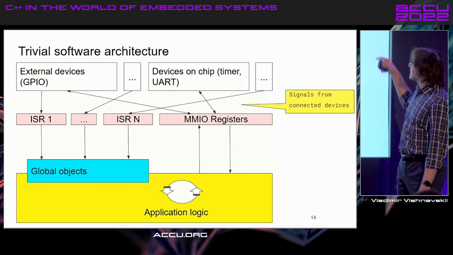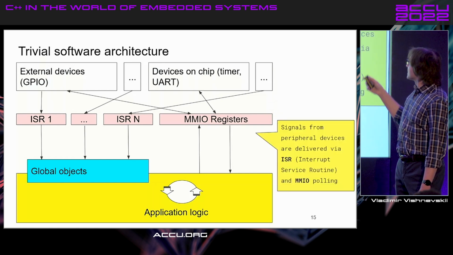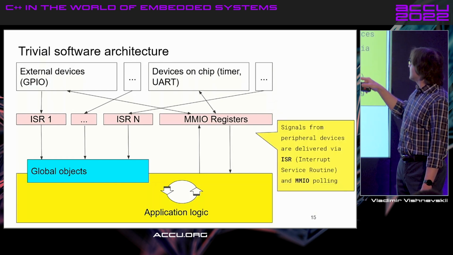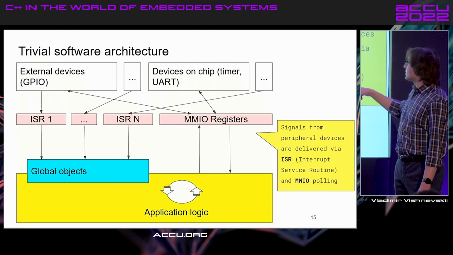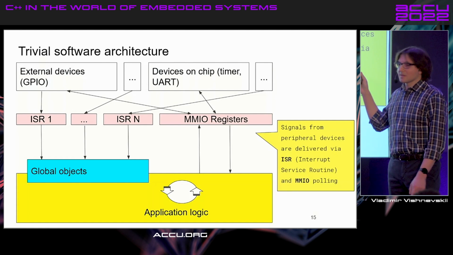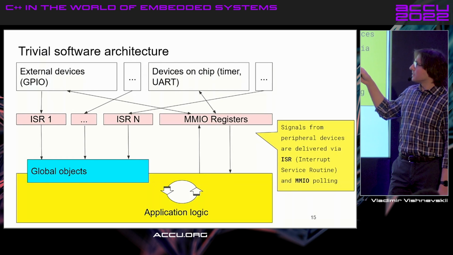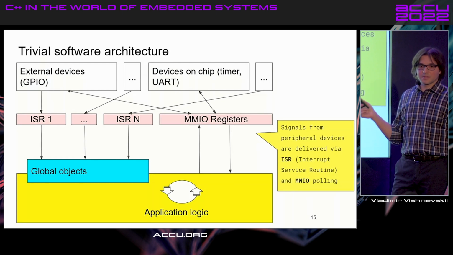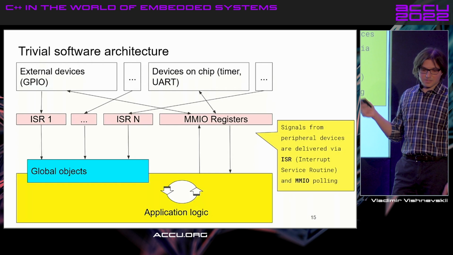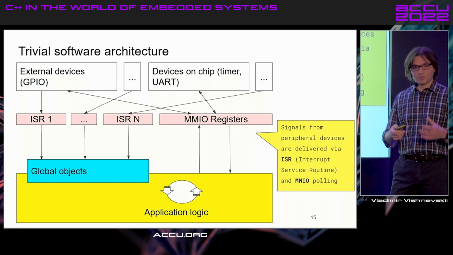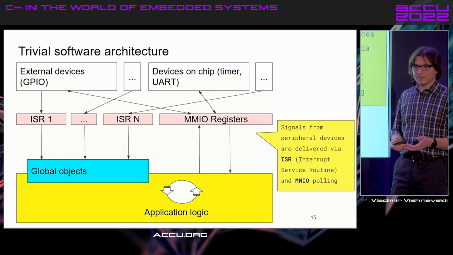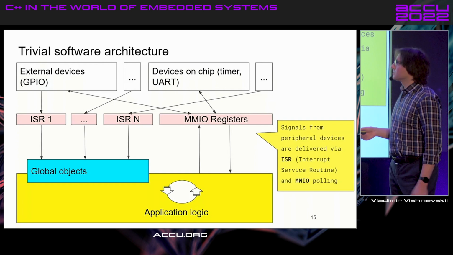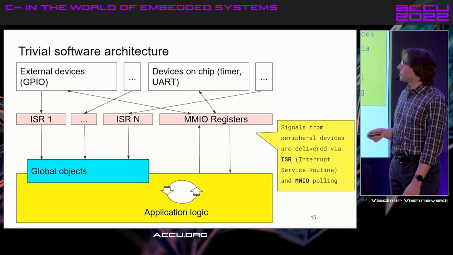They are transmitted to the application logic via the mechanism of these MMIO registers and interrupt service routines. The interrupt is the mechanism that allows us to specify a routine that will be executed when the state of the line changes. This is similar to more complex systems.